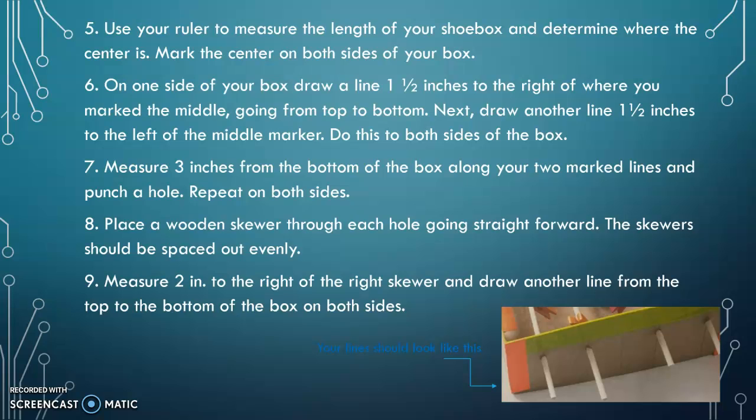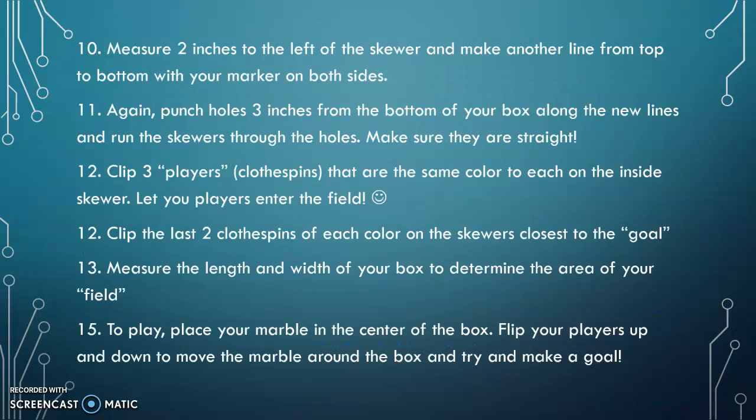Now, measure 2 inches to the right of the right skewer and draw another line from top to bottom. Here's an image of what your skewers should start to look like. Then measure 2 inches to the left of the skewer and make another line from top to bottom with your marker on both sides.